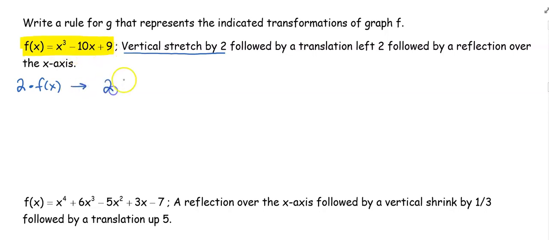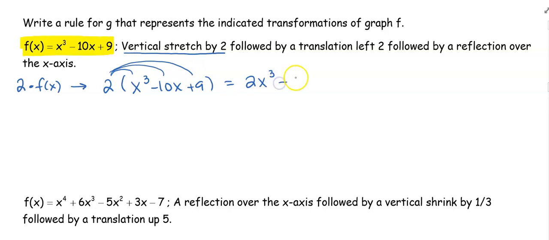So I have to multiply this entire equation by 2. We distribute that 2 to all of those pieces, giving us 2x cubed minus 20x plus 18.